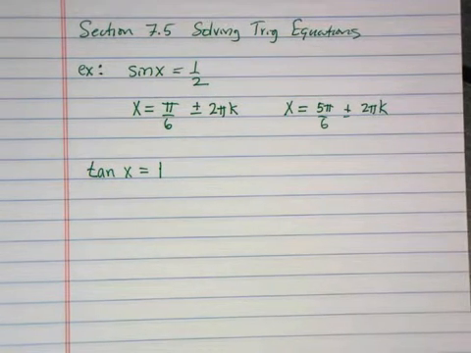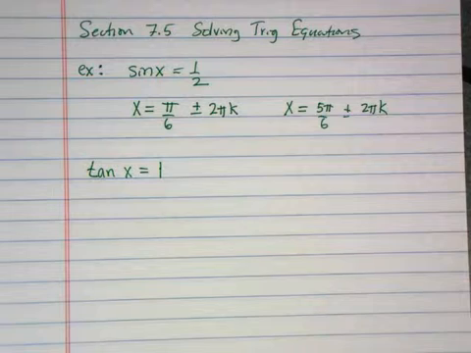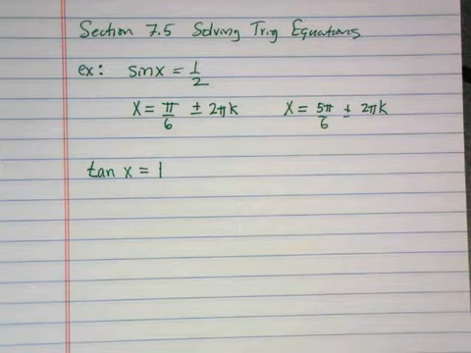Tangent's positive in quadrant number 1, and tangent's also positive in quadrant number 3. So if I want tangent equal 1, my answers have to be in quadrants 1 and 3. Alright, so here's pi over 4. If I add pi, I get the answer in quadrant 3, which is 5 pi over 4.